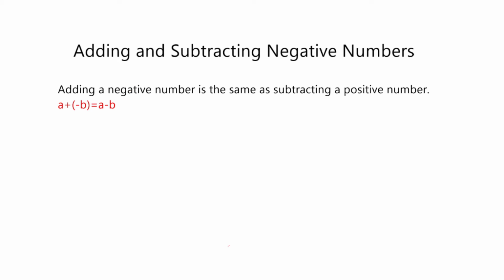Let's take the first rule, which tells us that adding a negative number is the same as subtracting a positive number. Here we have an example: a plus minus b equals a minus b. So here we'll have, for example, 3 plus 3, and we know that's equal to 6. 3 plus 2, it's 5. 3 plus 1, it's 4. 3 plus 0, it's 3.